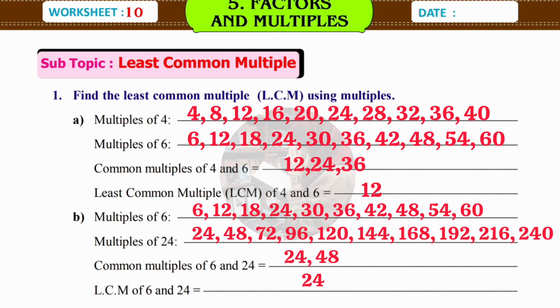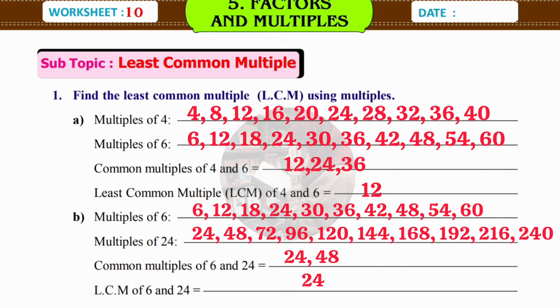The second question is to find the least common multiple of 6 and 24. First of all, we write down the multiples of 6: 6, 12, 18, 24, 30, 36, 42, 48, 54 and 60. Like that, the multiples of 24 are 24, 48, 72, 96, 120, 144, 168, 192, 216 and 240.